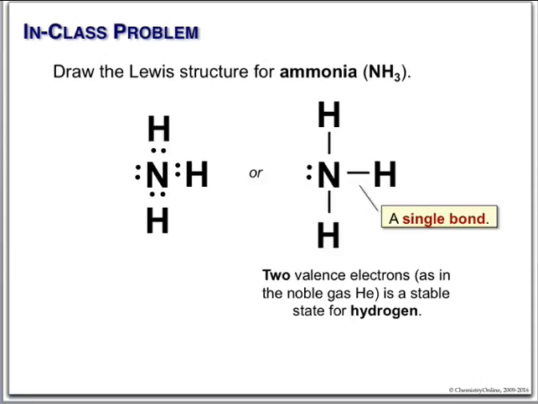In terms of common nomenclature, we refer to these as a simple single bond. Now, why do we call it a single bond, not just a bond? Because it turns out that covalent bonds can exist as single, double, or triple.